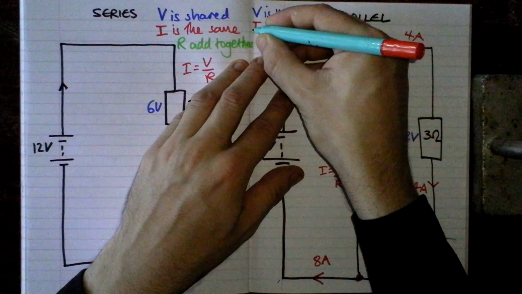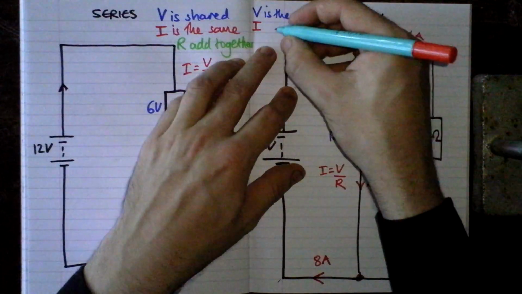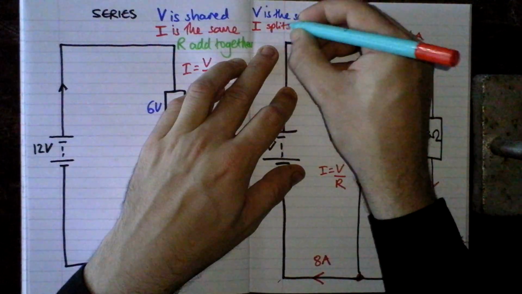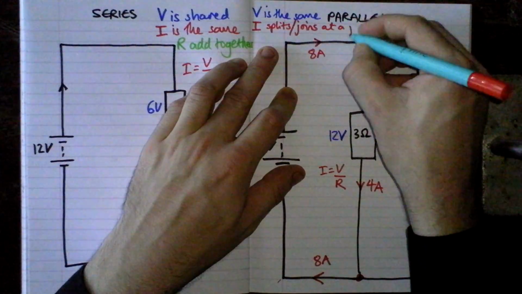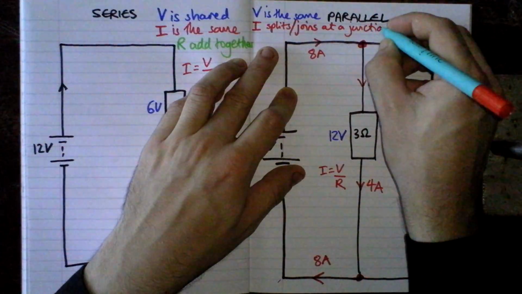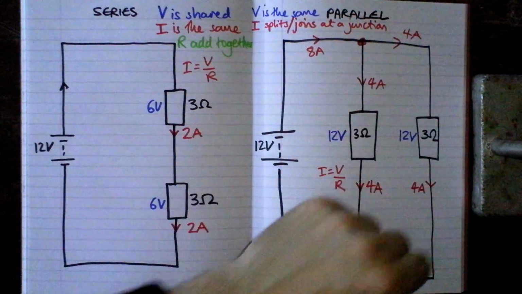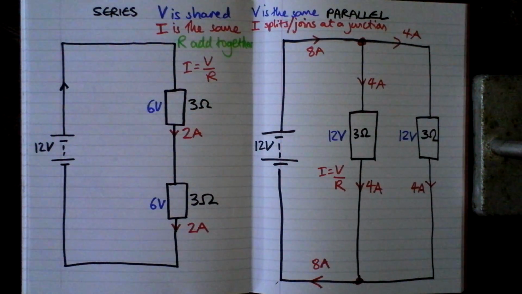So I can say in a parallel circuit, the current splits or joins at a junction. So current will always split or combine when it reaches a junction.